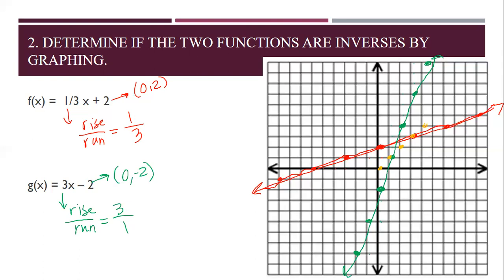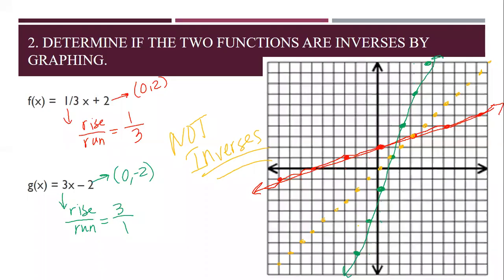I'm going to just dot it out. Are they symmetrical across that line? No, right? They are not. Not inverses. And there, graphically proving that they're not inverses.